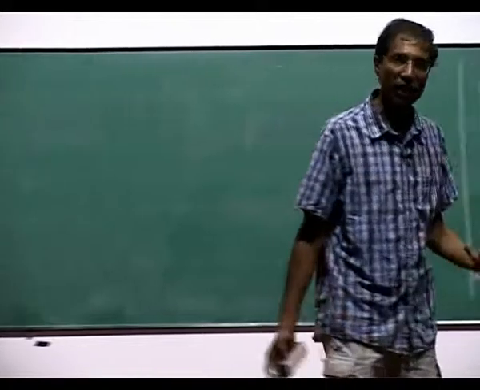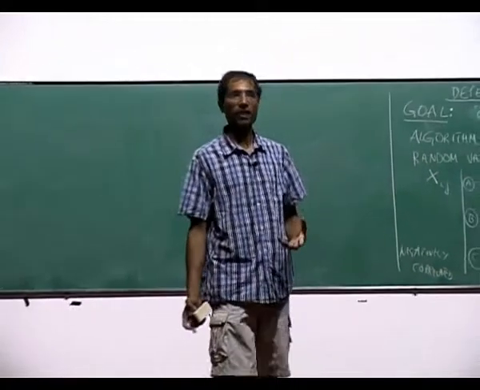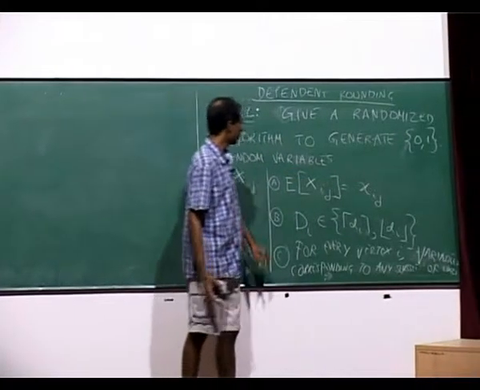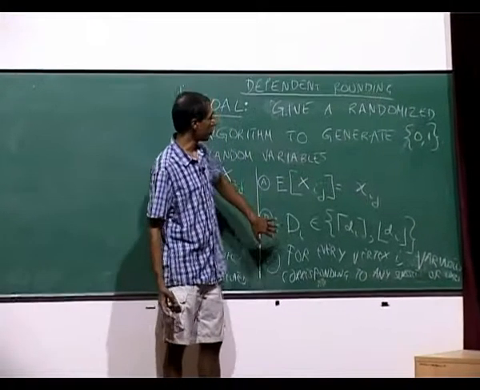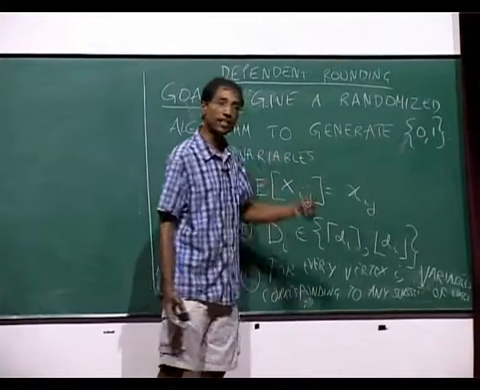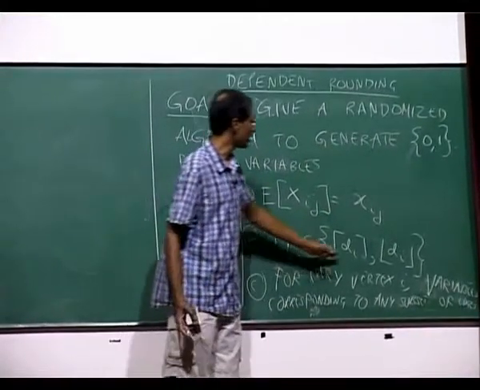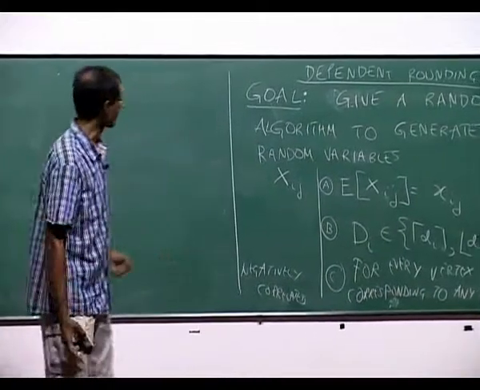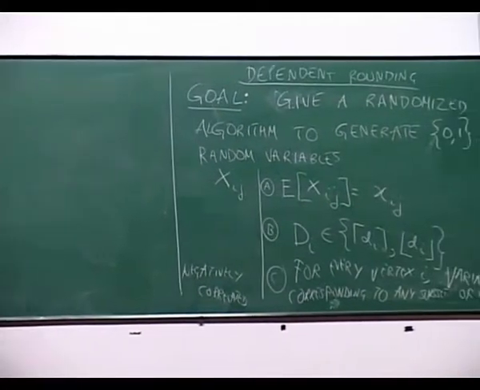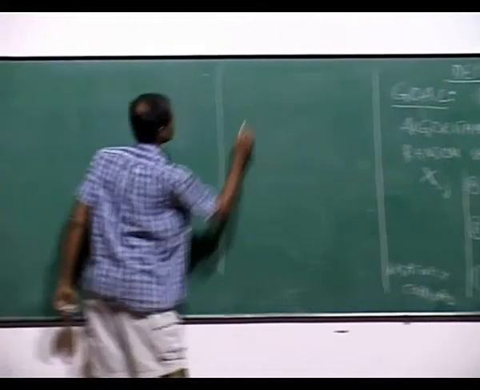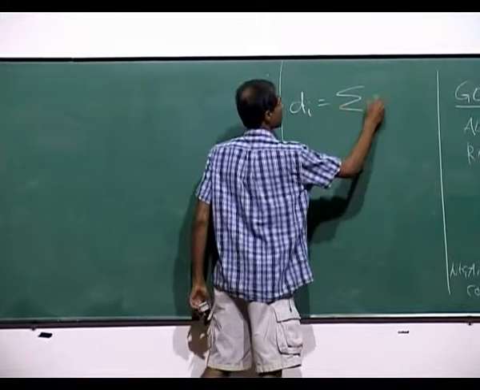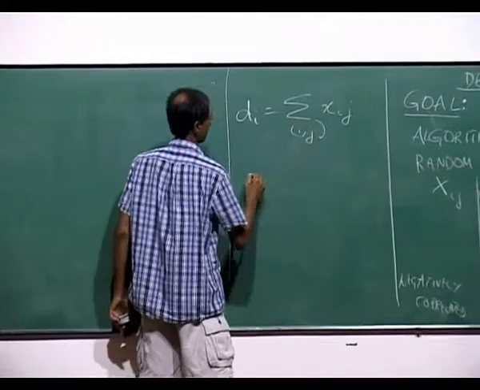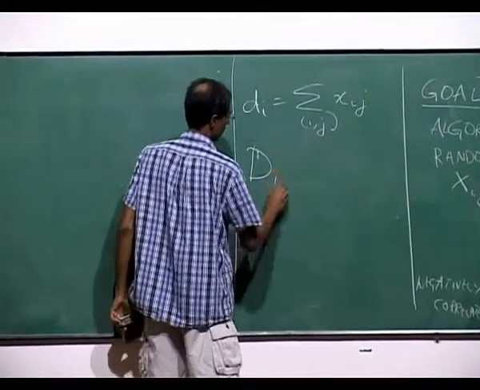We want a random variable whose expectation equals that number, but in any random choice the degree of every vertex should be either the ceiling or the floor of the summation of the xij's, that is, the capital Di.